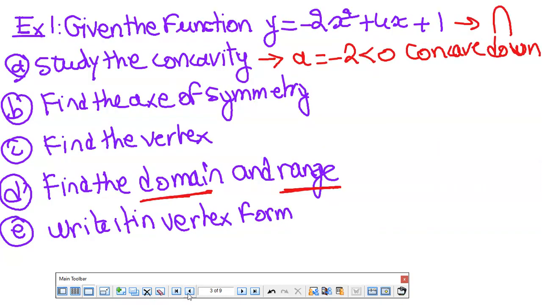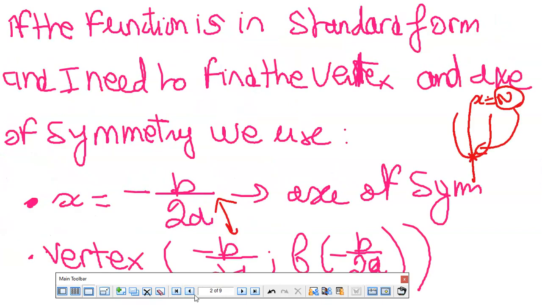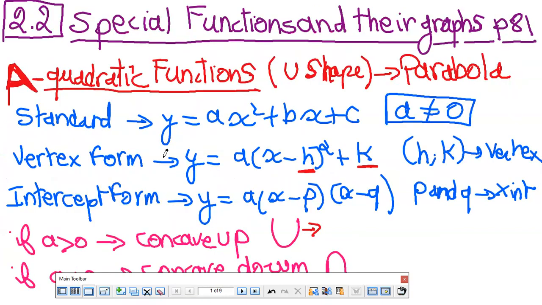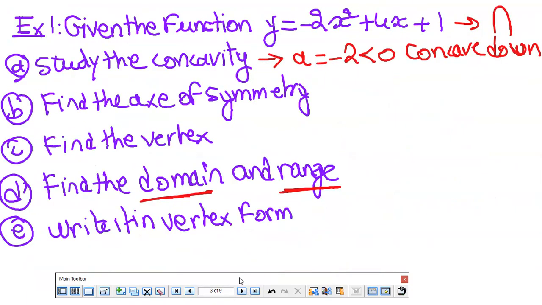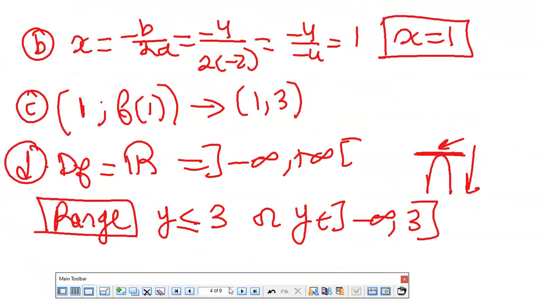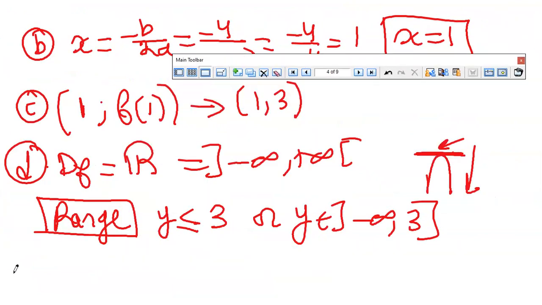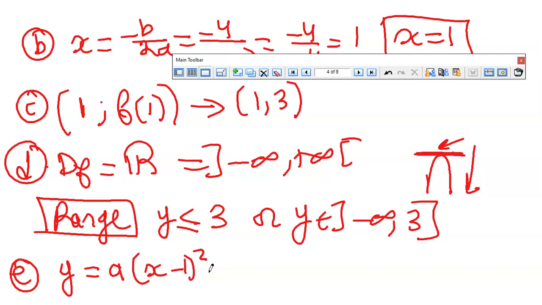And the last question is to write it in vertex form. When I say vertex form, it means it's the first form that I saw in this lesson. It's this one. So I have already the vertex. All we need to do is to find a. So what is my vertex? Well, I will solve it here. So y is equal to a times (x minus x of the vertex), it's minus 1, squared, plus 3.